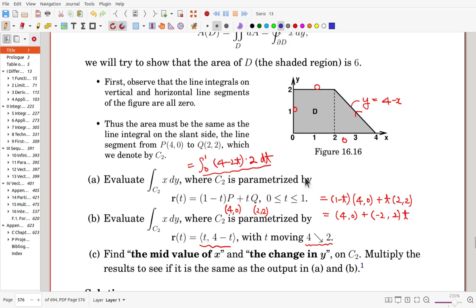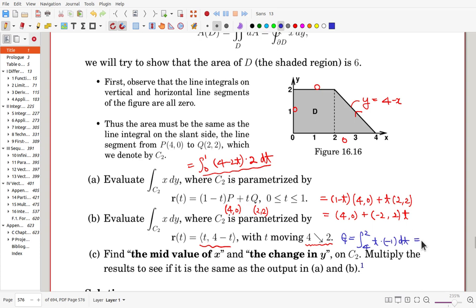From this parameterization, the given integral is the same as the integral from 4 to 2, where x is t, y prime is minus 1, and dt. Right?